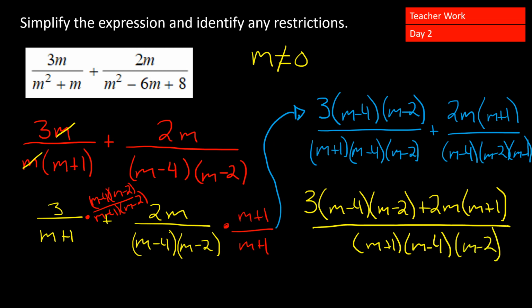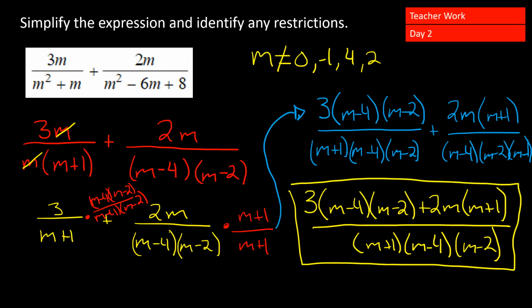And so you need to start seeing here that m can't be negative 1 either, because that would make this 0. m can't be 4, and m can't be 2. So this is your simplified expression with your restrictions.